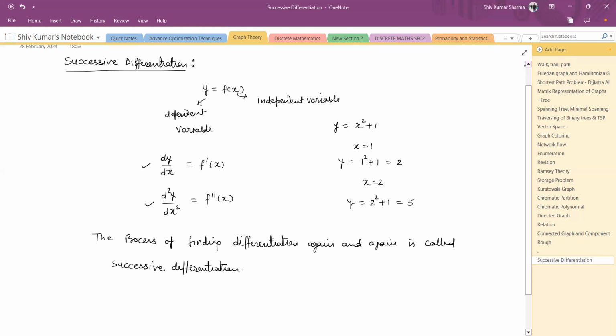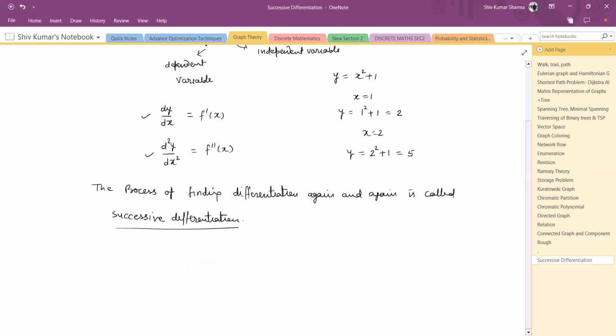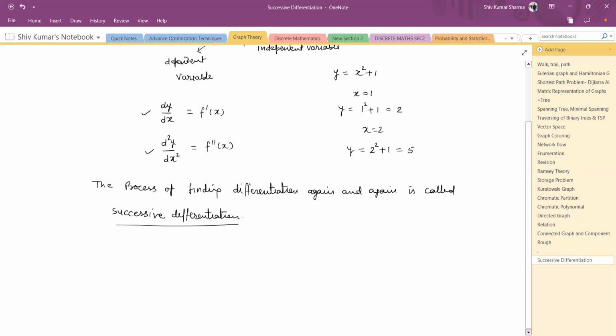Differentiation again and again means one time derivative, two time derivative, three time derivative.